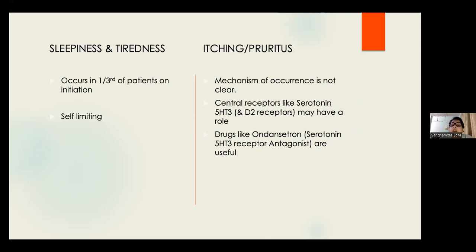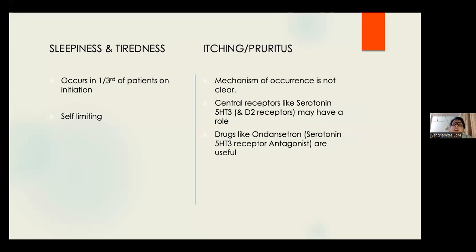The mechanism of occurrence of itching or pruritus is still not clear, but it is postulated that central receptors like the serotonin 5-HT3 and perhaps D2 receptors may have a role in causing this pruritus. Hence, we use drugs like ondansetron, which is a serotonin 5-HT3 receptor antagonist, and not histamine blockers. You have to take this into consideration.